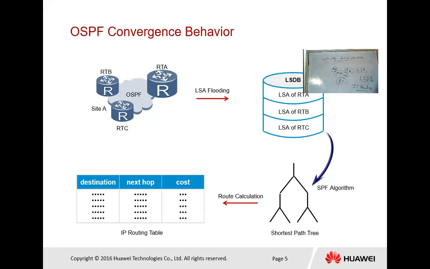Suppose router A receives an advertisement from router B. Suppose router A receives LSAs from router B and router C, from both sides. Router B and router C have one common device, like host A. And suppose the speed of the connection between router A and router B is 100 kbps.